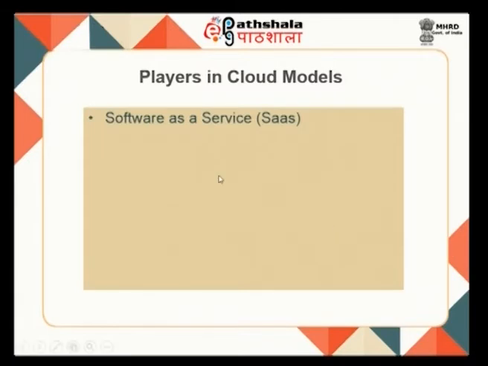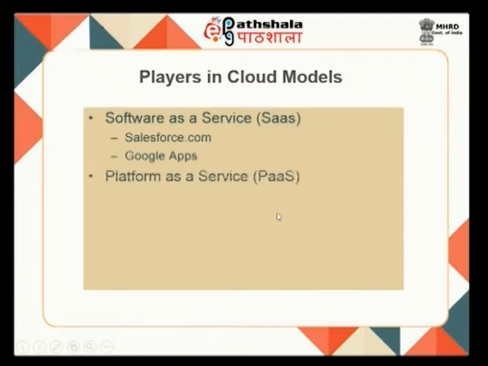So, first we look at the software as a service players. The major players are Salesforce.com and the Google apps. Google is a very large company and they have a lot of applications which are available as the SaaS model.